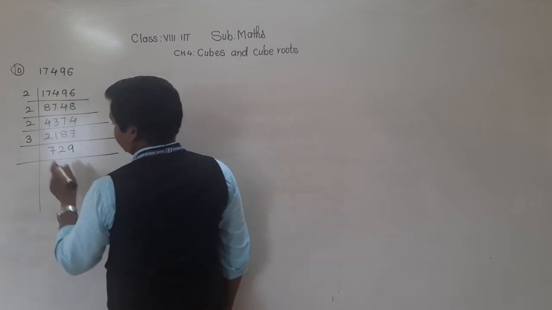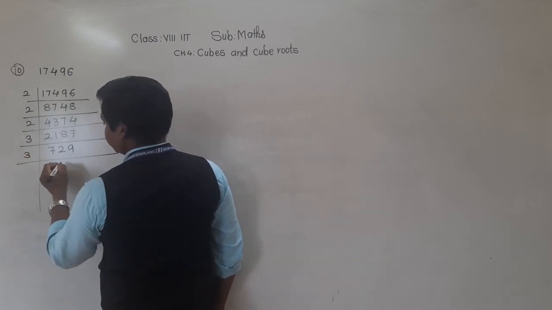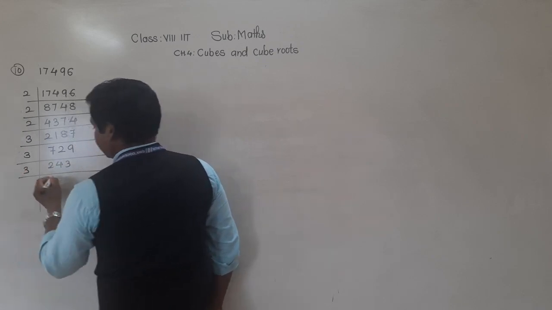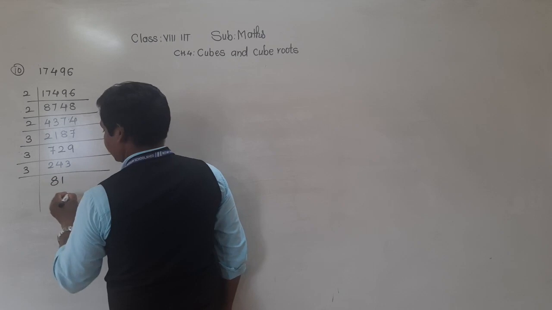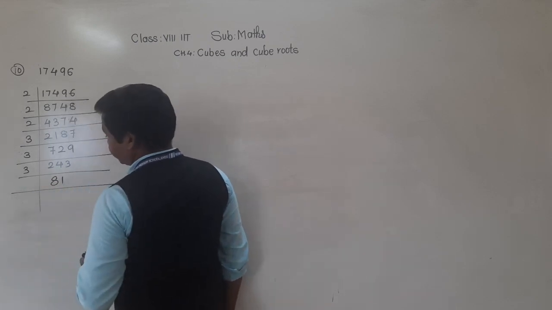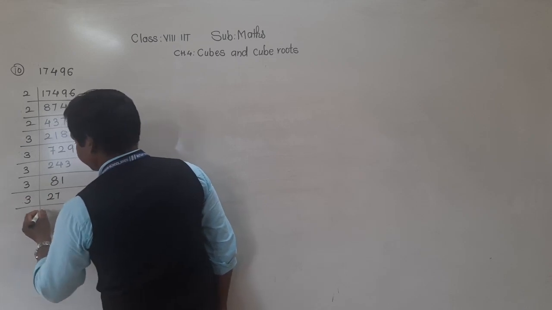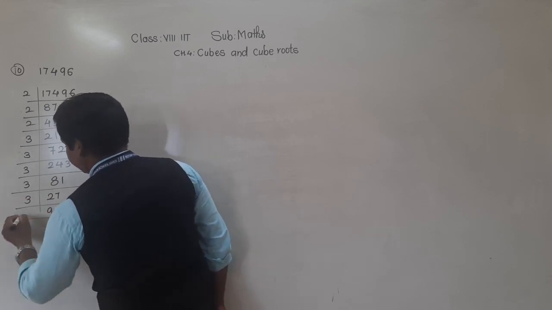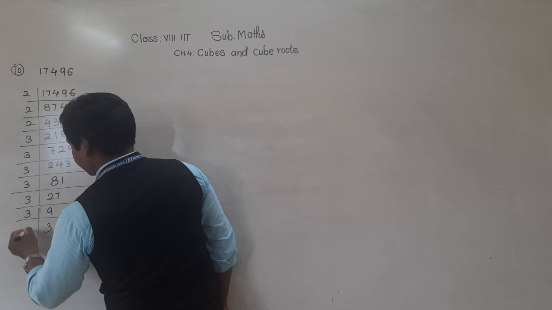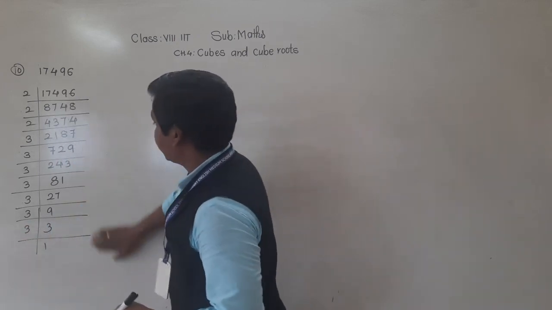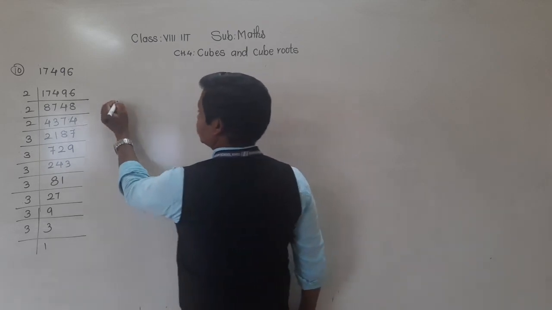Again it is divisible by 3. 3 2s are 6. 3 4s are 12. 3 3s are 9. 3 8s are 24. 3 1s are 3. 3 27s are 81. 3 9s are 27. 3 3s are 9. And 3 1s are 3. Understood? So these are the prime factors of 17,496.